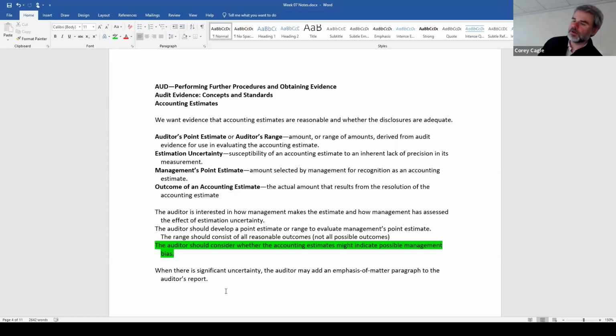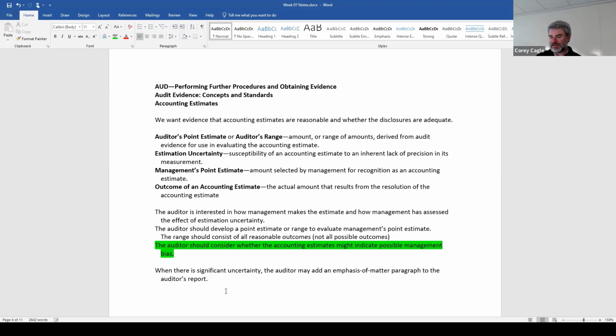So a point estimate is the amount that they landed on, basically. So we've got the auditor's point estimate, or they basically have a range of reasonable estimates. The management will have their point estimate, and those are the things we're looking at to see if they're reasonable.